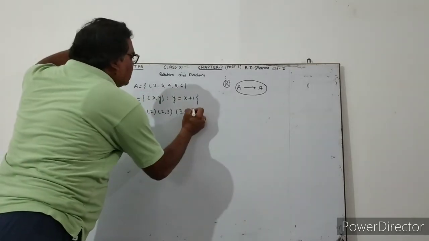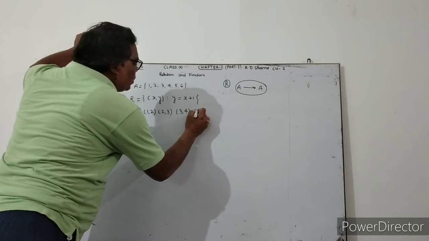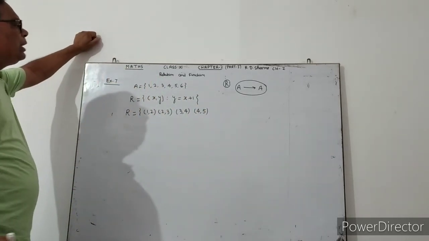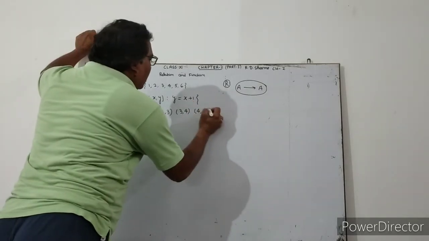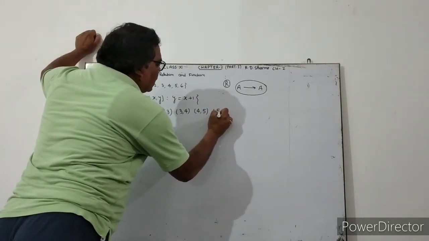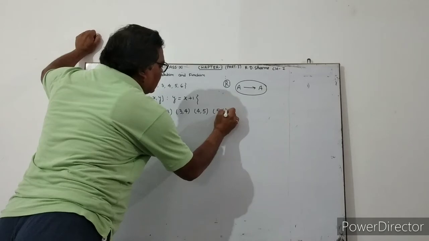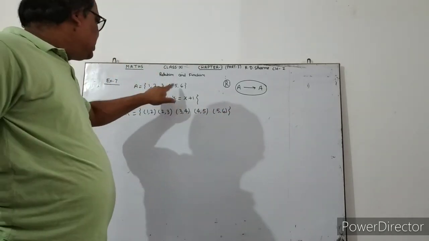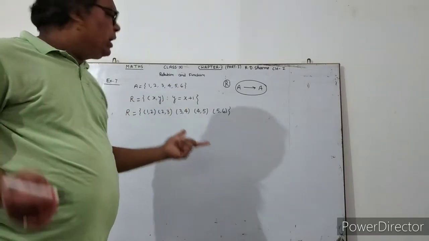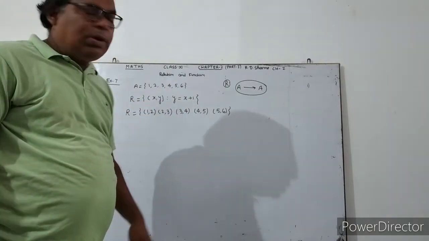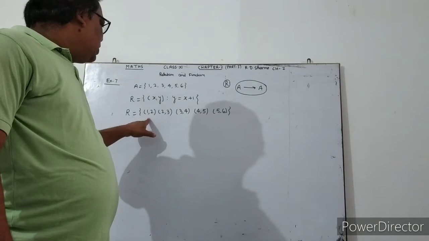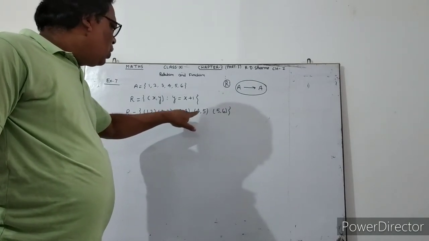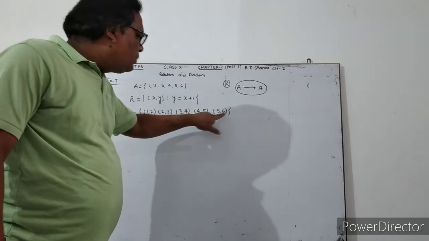When x is 4, y is 5. When x is 5, then y is 6. We cannot take 6, because then y would be 7, and 7 does not belong to the set, so this is not possible. The relation elements are (1,2), (2,3), (3,4), (4,5), (5,6).